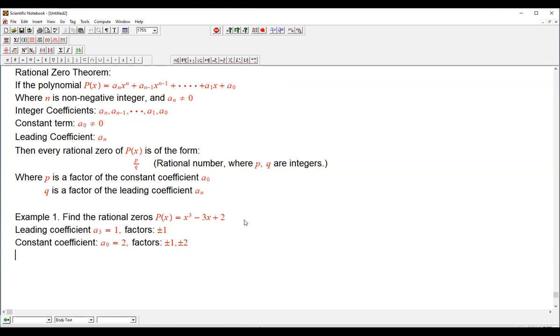So all of these are candidates for Q, and all of these are candidates for P. Okay, so how many possible P over Q can we make?